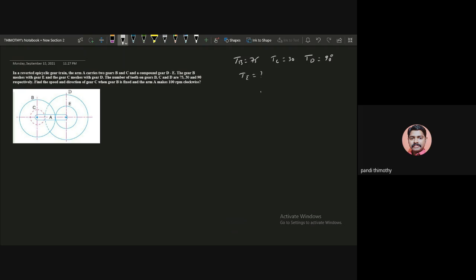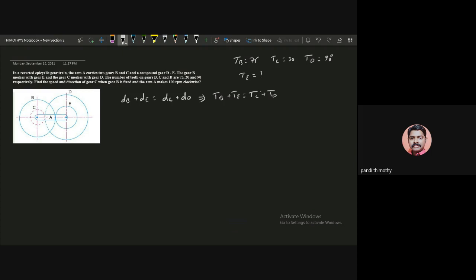Based on this mesh, I can write a relation in terms of diameters. Here, gear B meshes with gear E, so I can write the diameter of B plus diameter of E is equal to diameter of C plus diameter of D. That I can transfer to the number of teeth: TB plus TE is equal to TC plus TD.